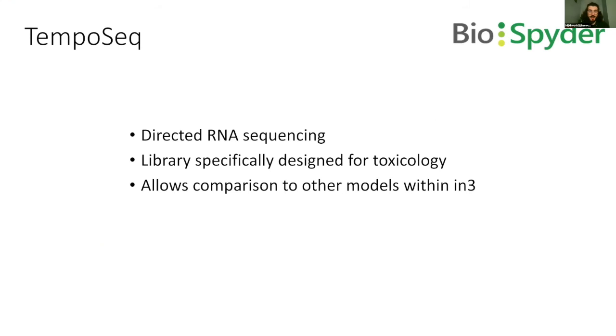So for that, we used TempoSeq, which I'm sure you already heard quite a lot from the previous presentations by the other ESRs. It's a directed RNA sequencing approach, and it has a library specifically designed for toxicology. And it allows comparison between our models within IN3, which is a great thing.